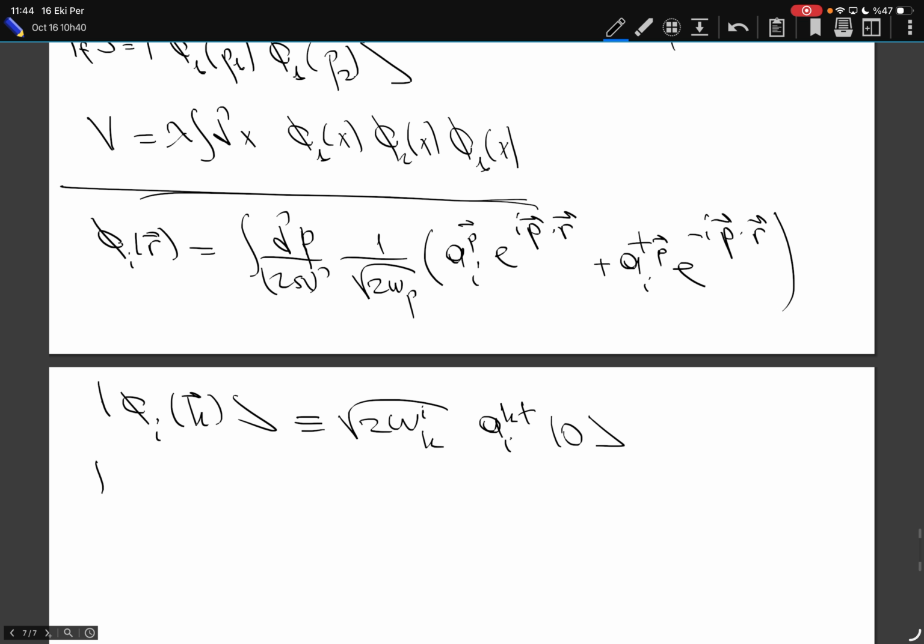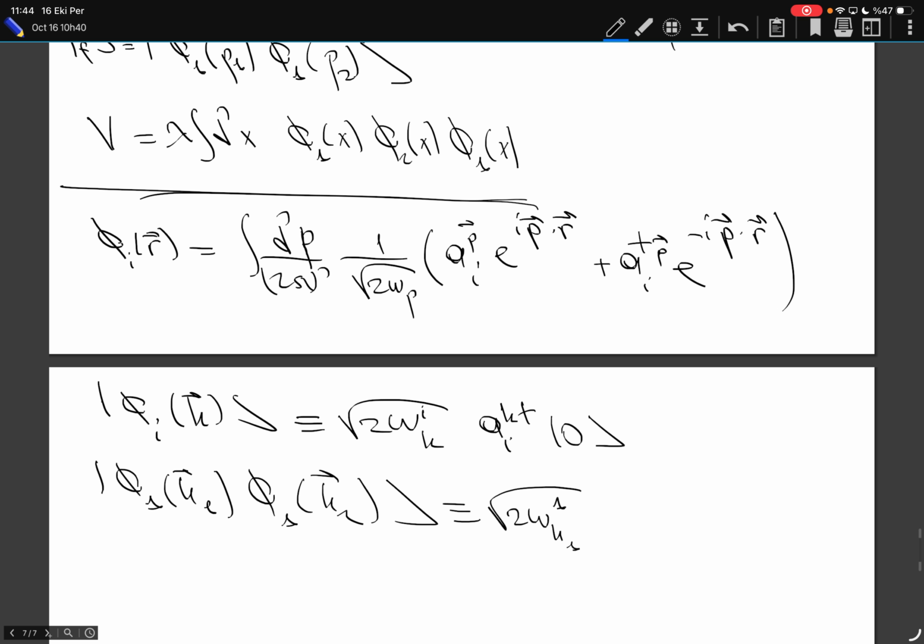And then I have phi 1, let's say k1, phi 1, k2. This is square root of twice omega k1, square root of twice omega k2, a_1 k1 dagger, a_1 k2 dagger acting on vacuum, etc. So these are the definitions I have.